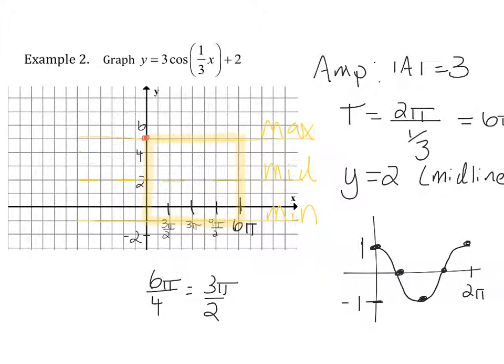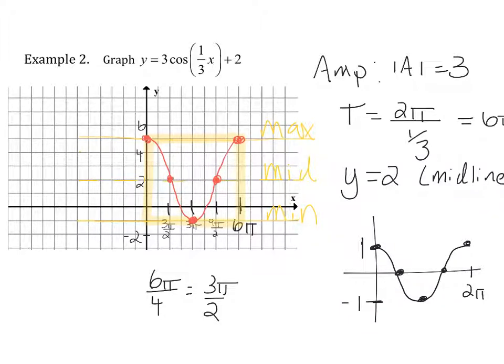I'm also going to end at my maximum. That's what a cosine period does. Halfway through its period, it should be at its minimum. And then halfway between those, it should be at its midline. So we already did all the calculations for where those would be. Then I connect those nice and smooth.